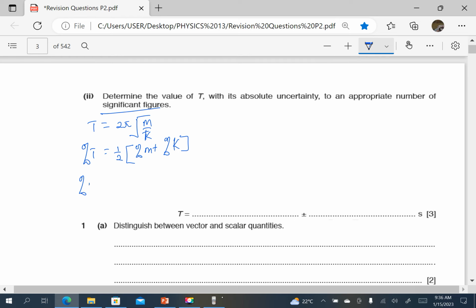The percentage uncertainty in m is the absolute 4 times 10 power negative 3 divided by the true value, which is 200 times 10 power negative 3, then times 100 to make it a percentage, plus the percentage in k, which has been given as 8%.